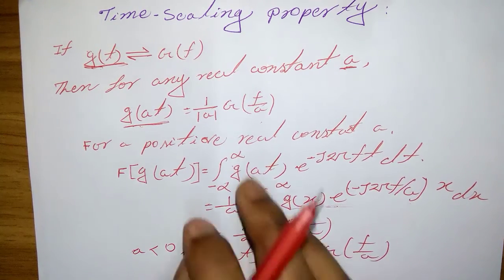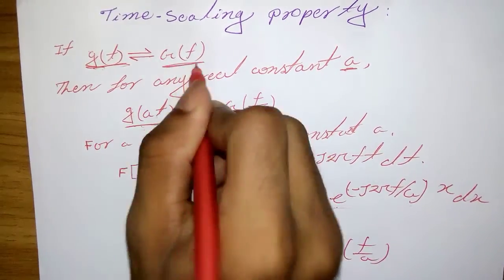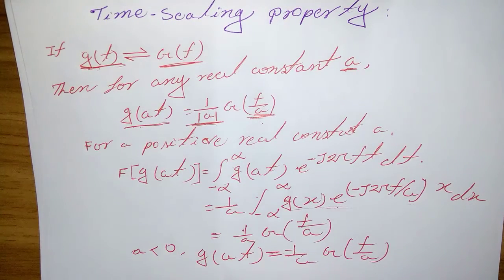We use in this function the factor a, which is greater than 1, and similarly the function G of f by a represents the function G of f expanded in frequency by the same factor a. The time scaling property states that time compression of a signal results in its spectral expansion, and time expansion of the signal results in its spectral compression.